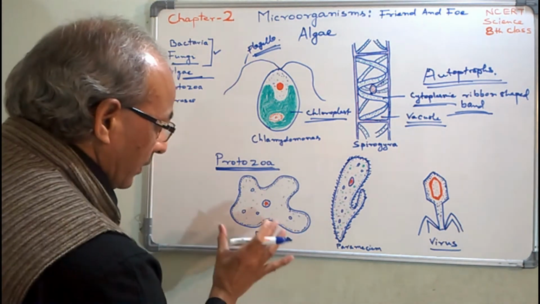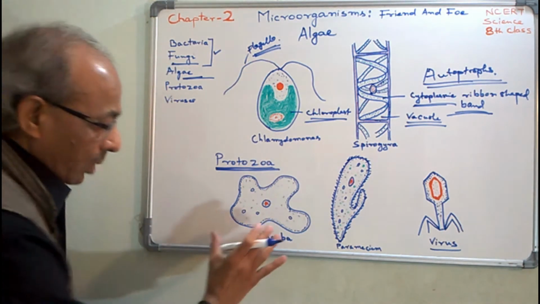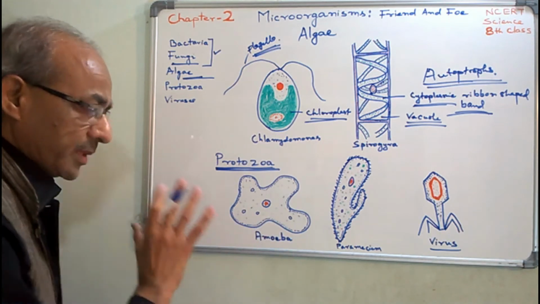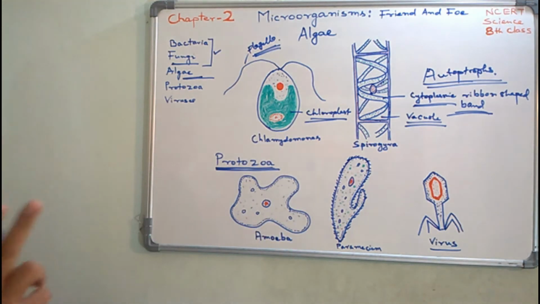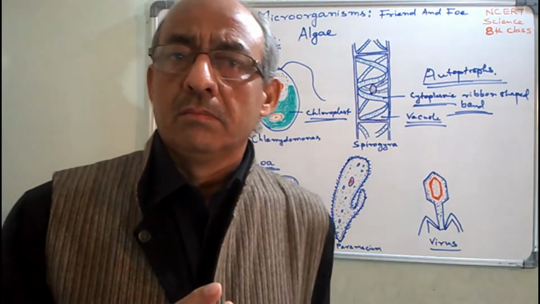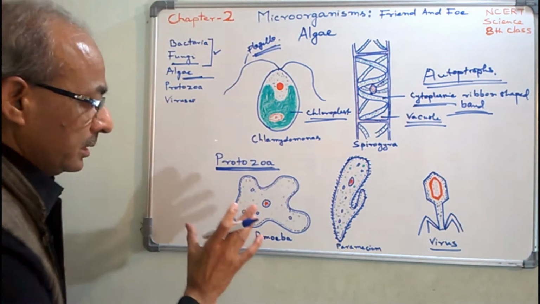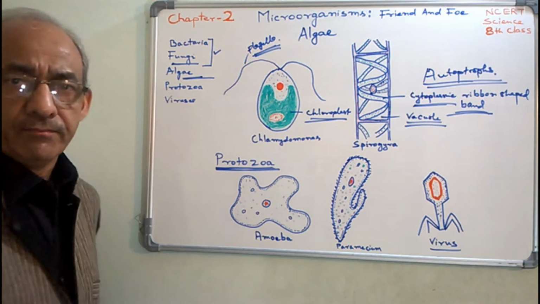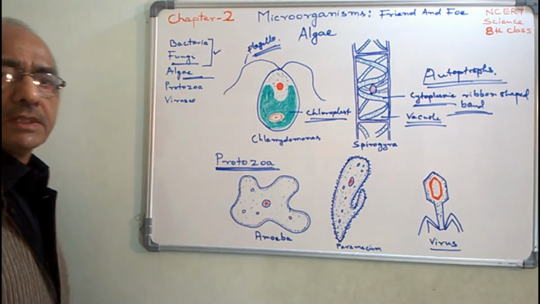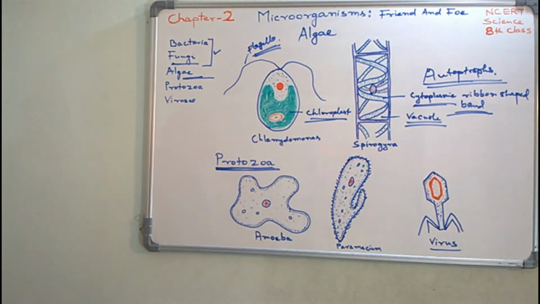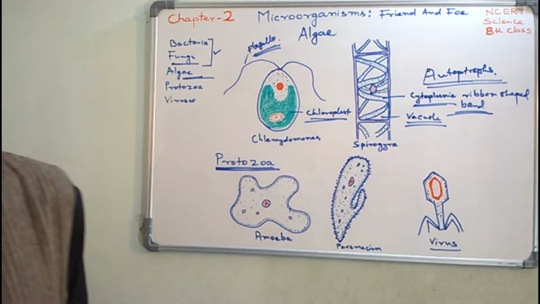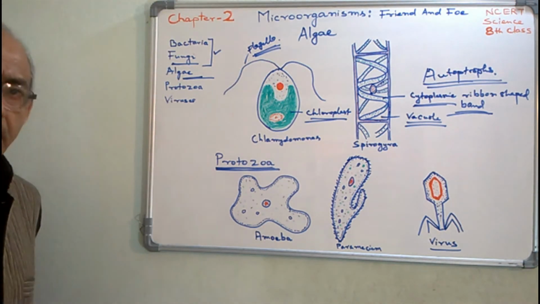Here the one-cell body of the amoeba represents the animal cell, because it consists of a well-defined nucleus and also membrane-bound cell organelles.